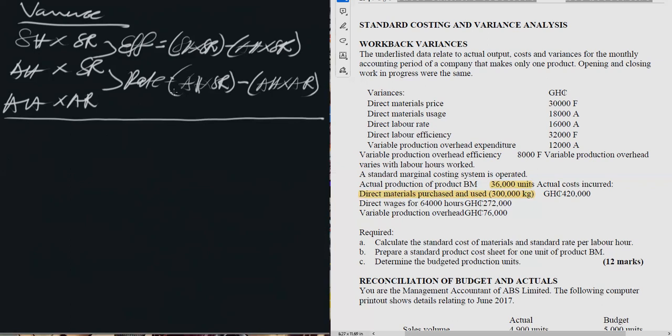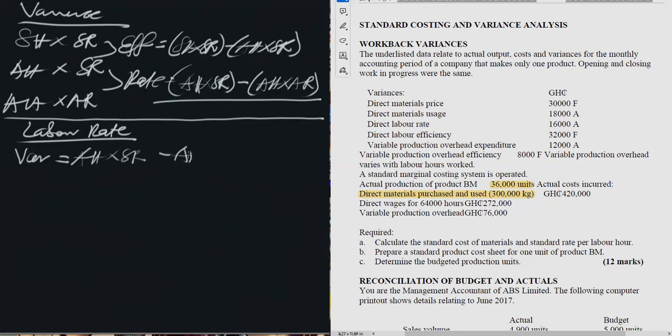So now that you have this, we can tackle labor. Okay. So you see, I put my formula at the top. And remember to always define your formula. So when I take labor rate, I want labor rate variance, not so. So this is rate. So I know that the variance is given to me as what? Actual hour at standard rate minus actual hour at actual rate. So this has actually been given to us, right?